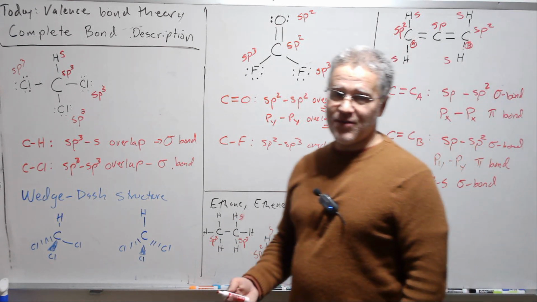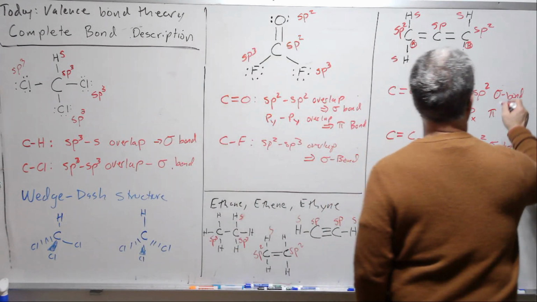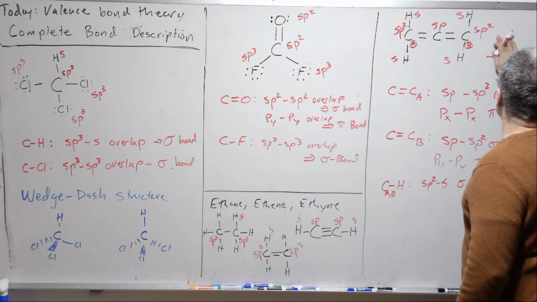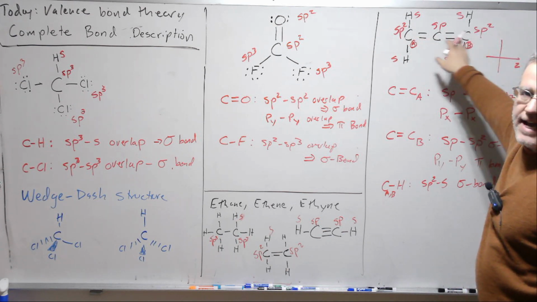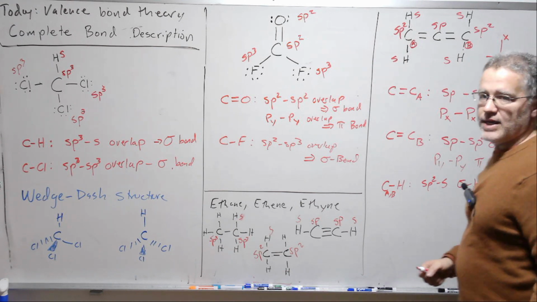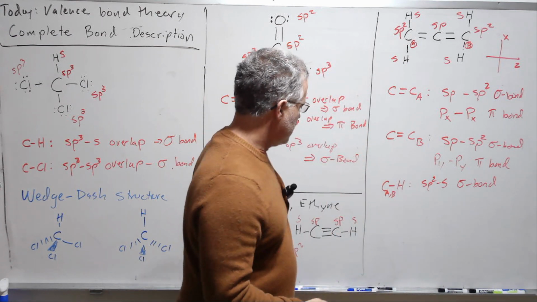Okay, so now we have to write the wedge dash diagram. And again, let's put a little coordinate system up here. So let's call this Z, because the interbond axis, we always want that to be Z, and this will be X going into the board, and then Y will be coming out at us.